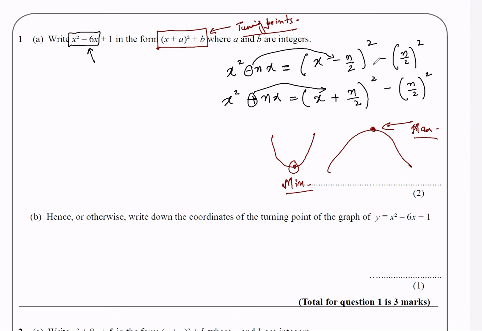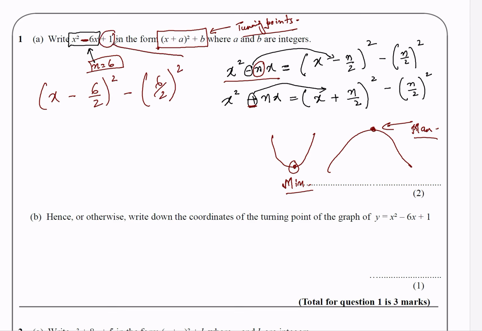Now let's discuss how we apply the formula. Since n is the coefficient of x, here our n value is 6, and the formula we will use is x squared minus nx, because it's a minus sign. If it's a plus sign, we will use the other formula. Put the values in: (x minus 6 over 2) whole squared minus (6 over 2) whole squared.